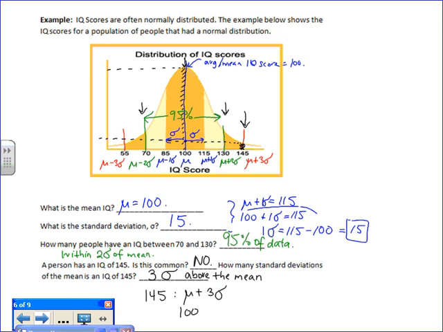Because the mean's 100, and if we add that to 3 times 15, 3 times 15 is 45, so I get 145. Okay. So this is quite far from the mean, right? Then the area under that part of the curve would be extremely small, not common.